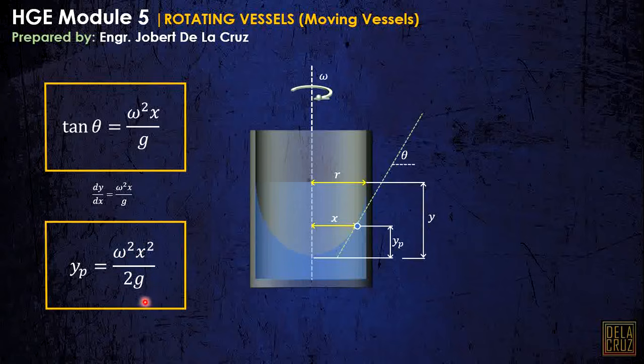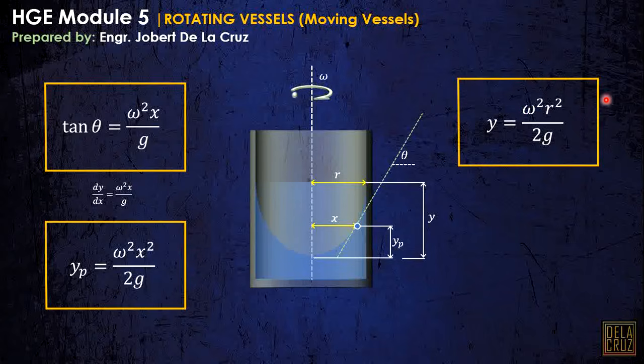Okay? Now, after all, we are always looking for the maximum height of the parabola. That's why the maximum height y here, since that is with respect to distance x, we should take into account the radius here, omega squared r squared over 2g. Okay? This is really what we always want to get in analyzing problems like this one.